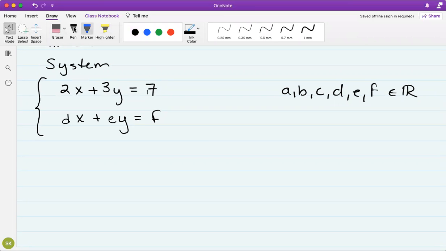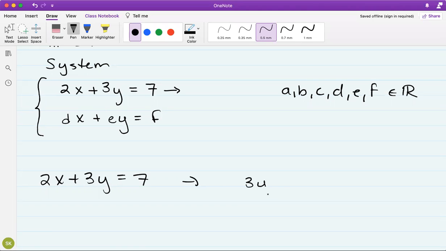And what we would need to do to graph this is we would solve for y. So if this was the particular problem, let's say 2x plus 3y is equal to 7, what we would do to solve for y is we would move the 2x to the other side and divide by 3.